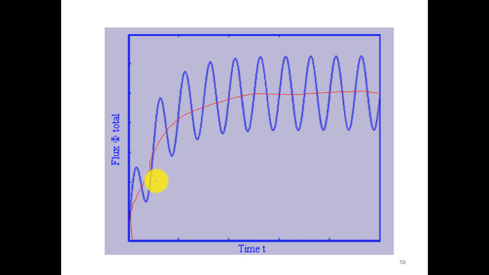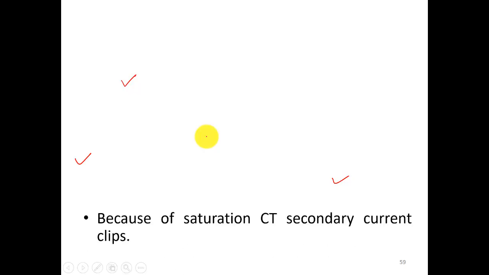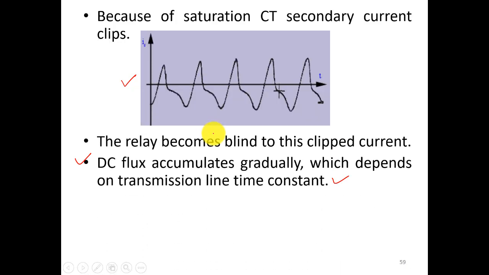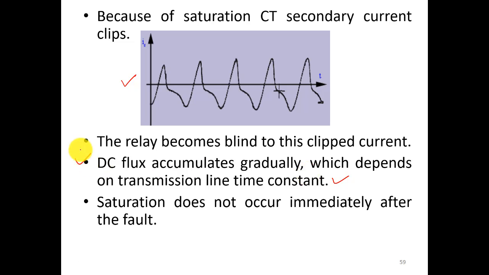It will gradually increase, so it will take time. The DC flux accumulates gradually, depending upon the time constant of the transmission line. Therefore, the saturation doesn't occur immediately after the fault. It takes a little time to become saturated.